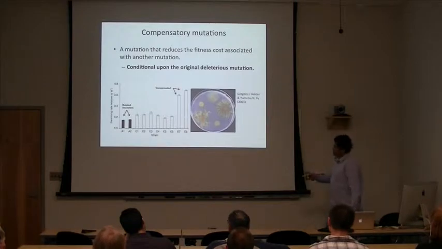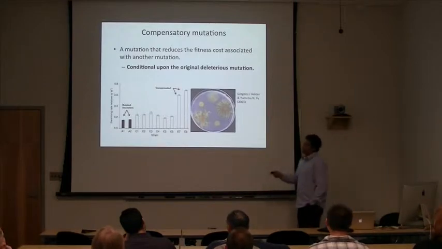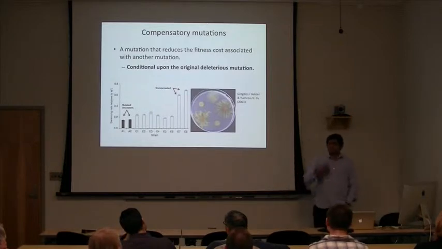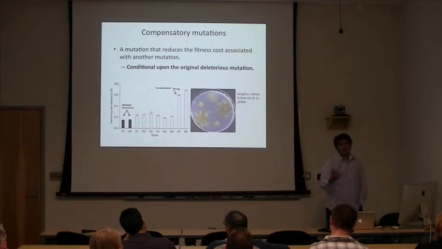When the ancestors were fixed with mutations that affected this motility and allowed it to evolve, they found certain strains which fixed for compensatory mutations and actually compensated for fitness in this case.